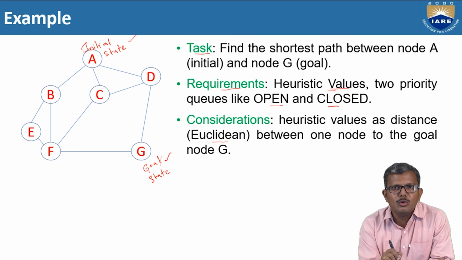It may be the distance from A to G, or from B to G, C to G, D to G, like that. That is called the heuristic distance. So we need to consider the Euclidean distance between the nodes and the goal node.